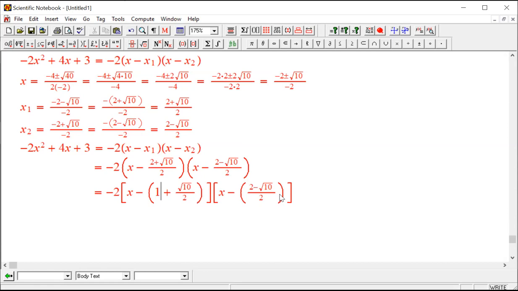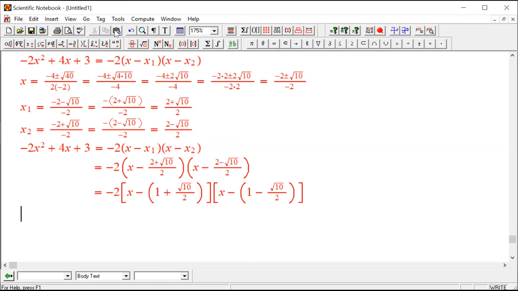In this parentheses, you do 2 into 2 and minus root 10 over 2. So this is a minus 1.